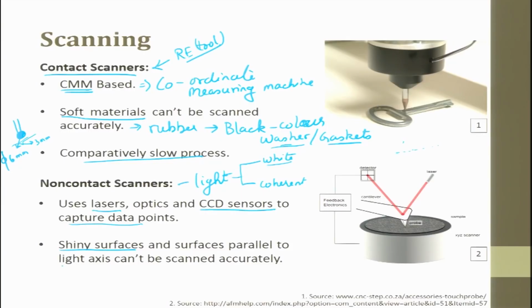Surfaces parallel to the light axis cannot be scanned properly. Here is a technique in which a laser is used for measuring the profile or topology.